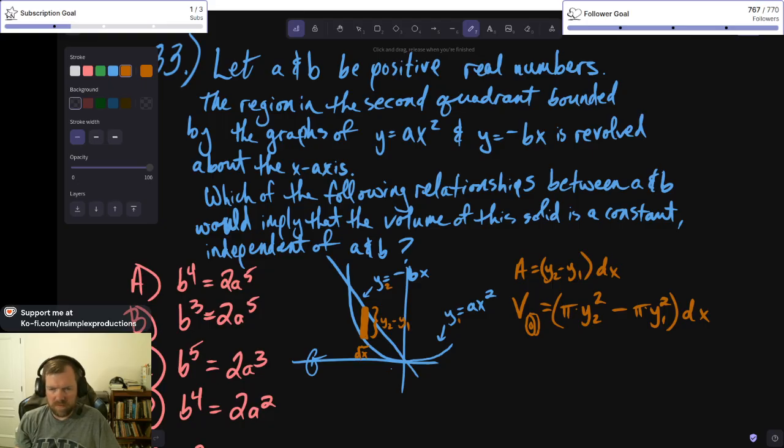So we're going to want the limit as n goes to infinity of the summation of all of our individual V sub i's as i goes from usually just 1, but whatever, up through n.